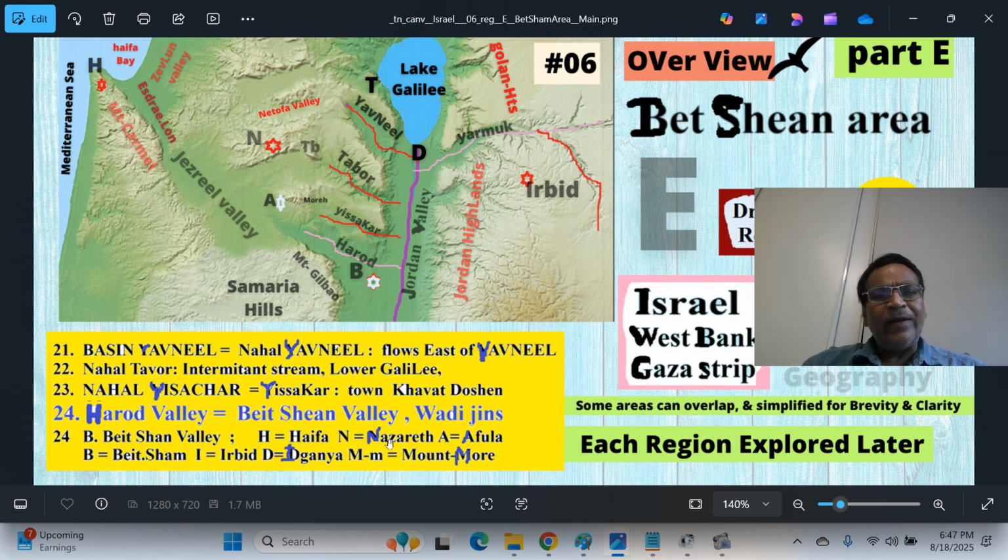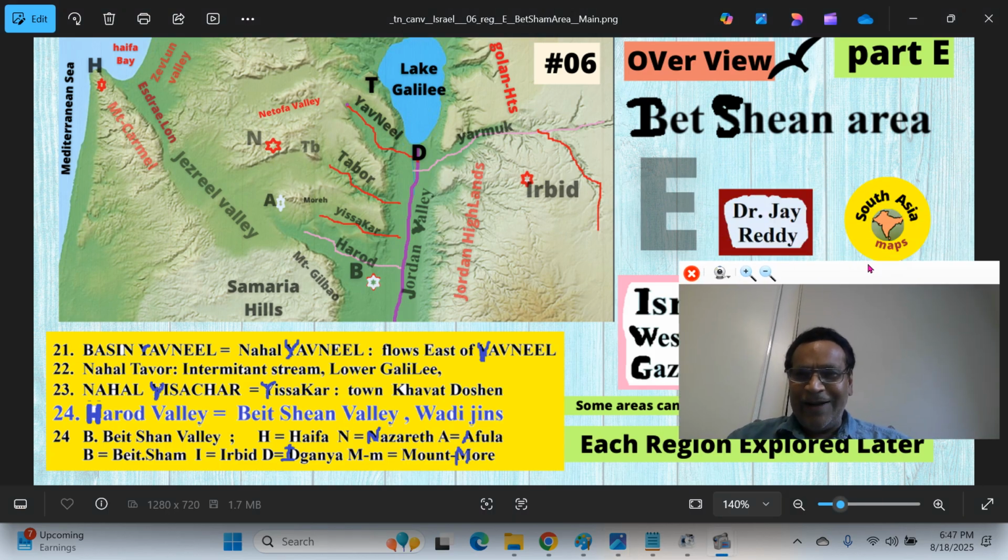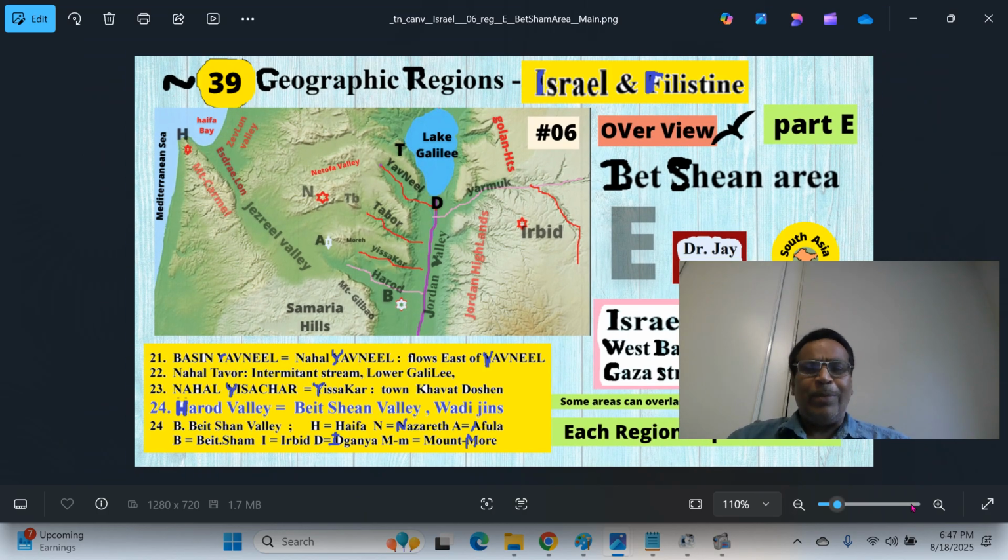Afula is the prominent town, and Beit Shean. Irbid is across the river Jordan in the Transjordan region, in the Emirate of Jordan, along with Dagania and Mount Moreh. Dagania is a town. I might have sometimes spelled and pronounced names differently, so you have to keep that in mind.